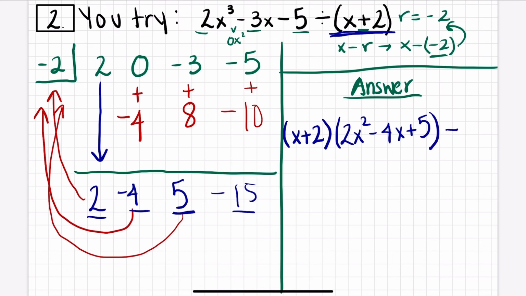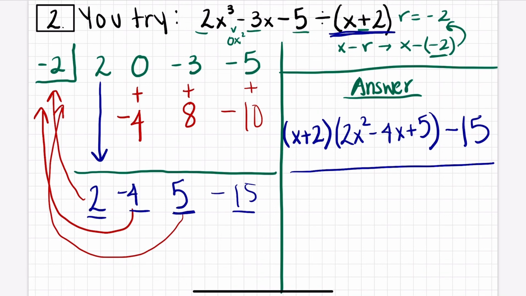Close the parentheses, minus 15. And that is your answer. So we know that 2x cubed minus 3x minus 5 divided by x plus 2 gives us x plus 2 times 2x squared minus 4x plus 5, minus 15.